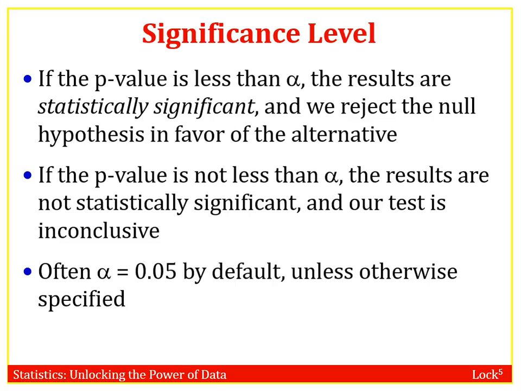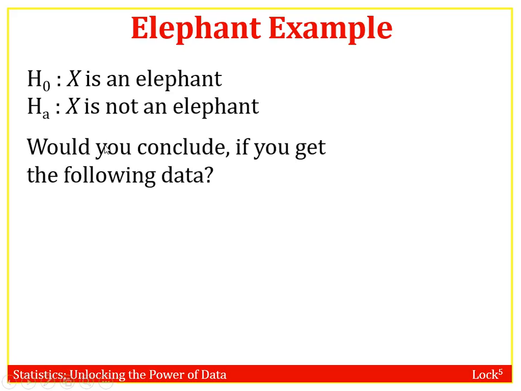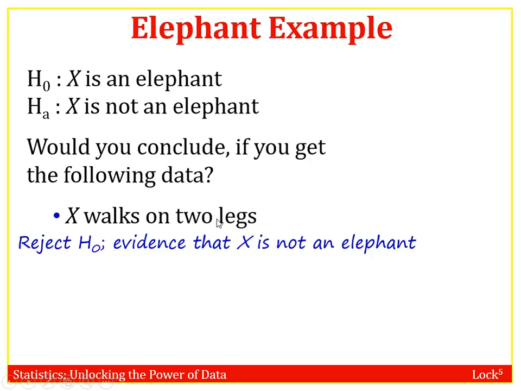Your results are inconclusive. So suppose your null hypothesis is X is an elephant, because it's always equal to, and "is" means equal to. Your alternative is that it's not an elephant. What can you conclude? Well, if it walks on two legs, I would probably reject and say that it's not an elephant.